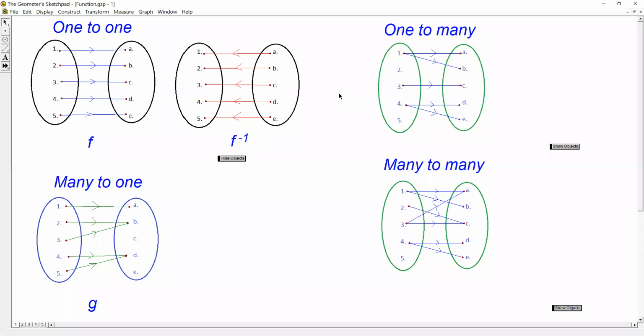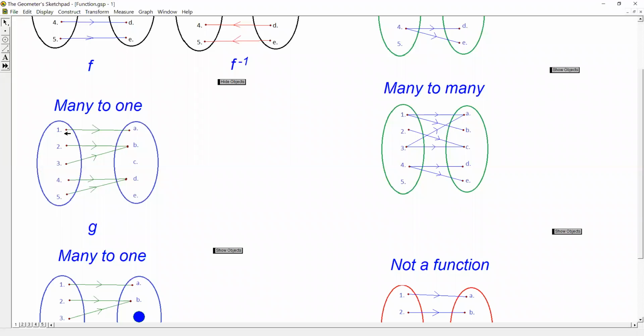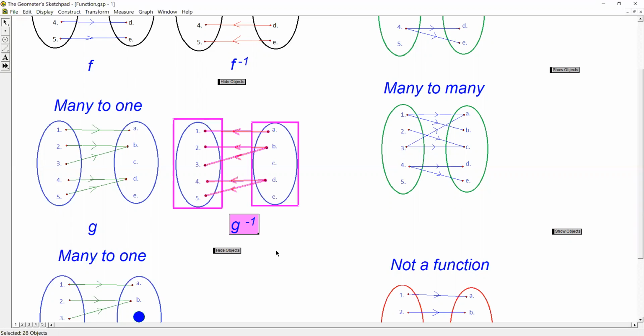So when somebody asks you, hey, when is a function and is inverse also a function? So you tell them all the relationship that is 1 to 1 is a function, and the inverse of it is also a function. Now, this is the answer. Now then we look at this case. Hey, this one, many to 1 is also a function. But if you look at the inverse, the G inverse there, it is 1 to many.